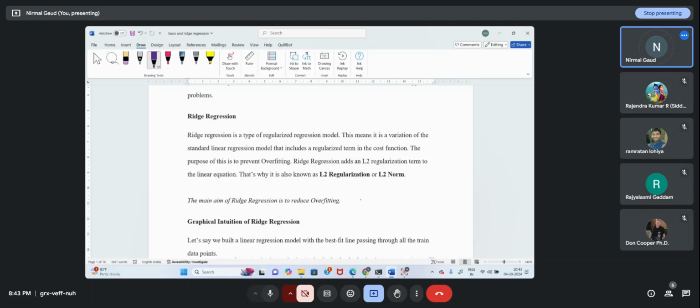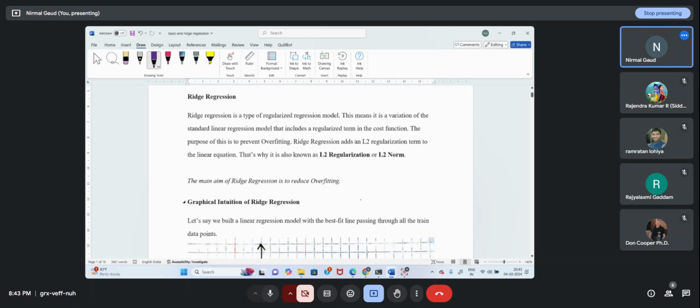Okay. So getting started with Ridge, it is also used to prevent overfitting. That's the main purpose. Like lasso, it is represented by L2 or L2 norm.